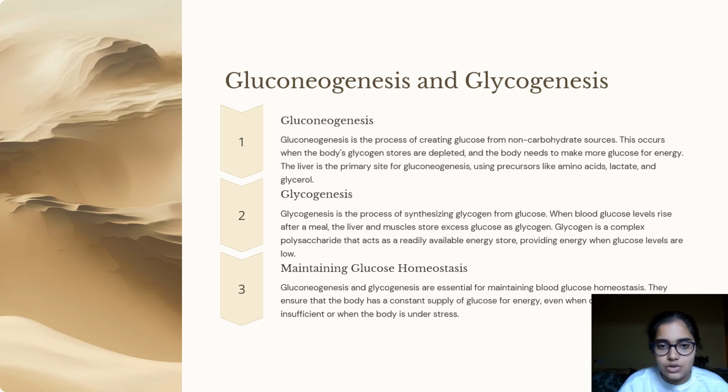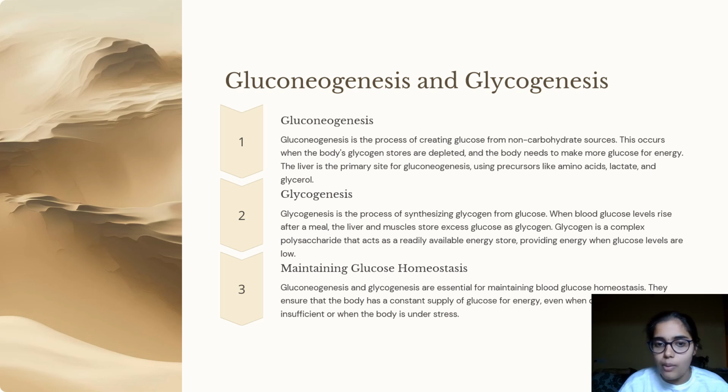Next is glycogenesis. Glycogenesis is the process of synthesizing glycogen from glucose. When blood glucose levels rise after a meal, the liver and the muscles store excess glucose as glycogen.